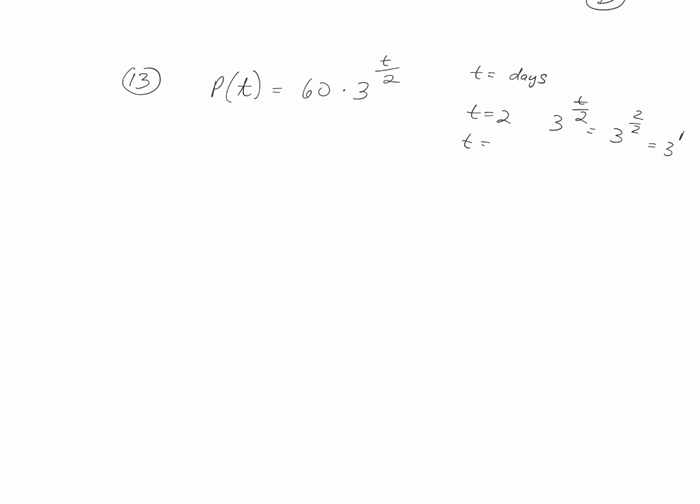If t equals 4, we'd have 3 to the 4 over 2, which would be 3 to the 2. So in this case we'd be multiplying by 3 after 2 days, and here we'd be multiplying by 3 twice after 4 days. And so it looks like A is actually correct. The predicted number of organisms in the dish triples every 2 days. So the answer is A.